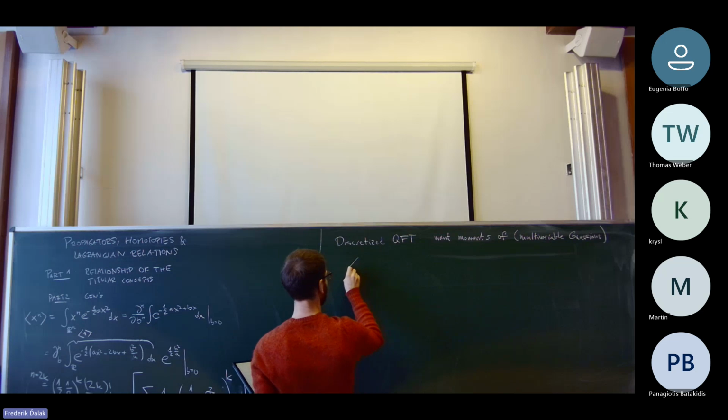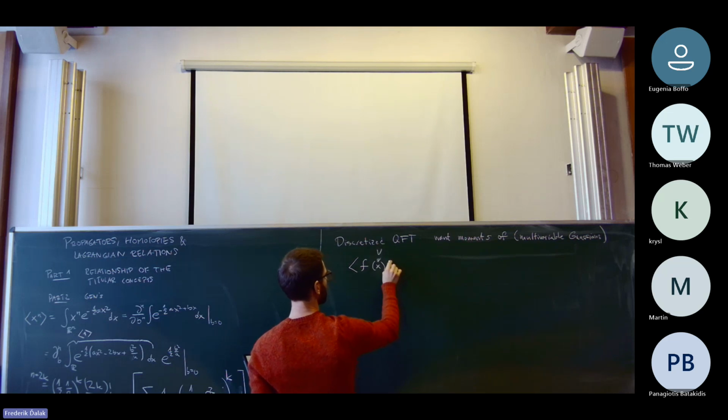So let me now write the Euler formula where x is maybe a polynomial, where x is now an element not of R, but of some vector space.